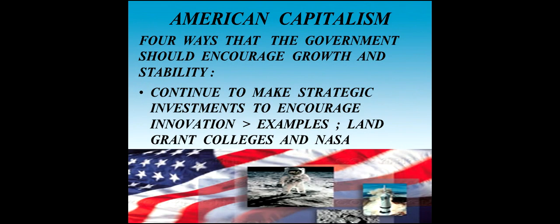And the fourth way to encourage growth and stability is for the government to continue to make strategic investments to encourage innovation. And remember, it's competition and innovation that help raise the standard of living and grow the society.